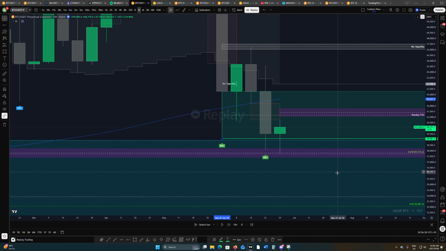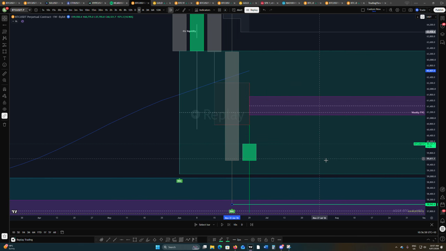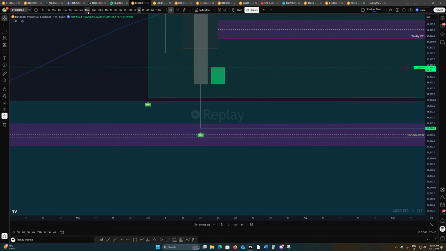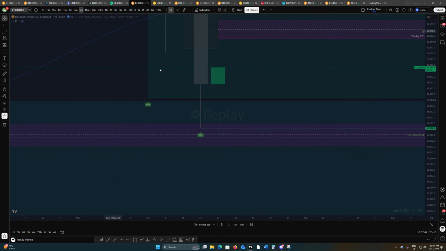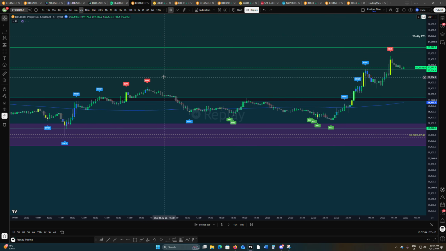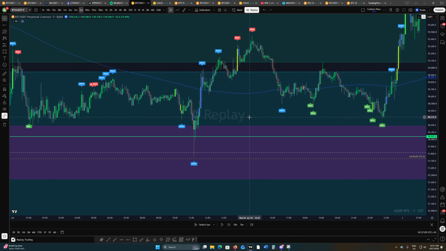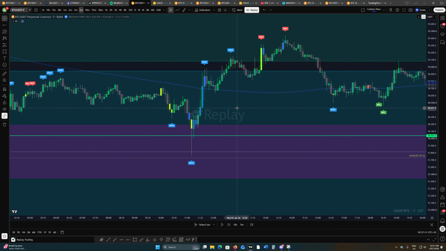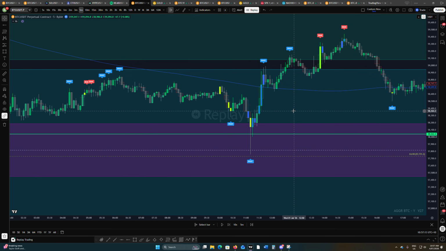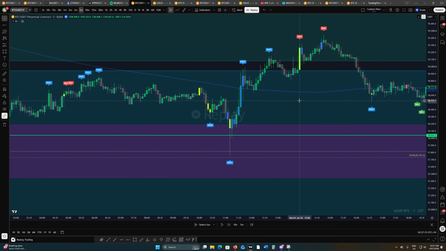Cascade low. Oh, sorry, that's the cascade low. Can't even think straight. And yeah, we didn't get closes below that.